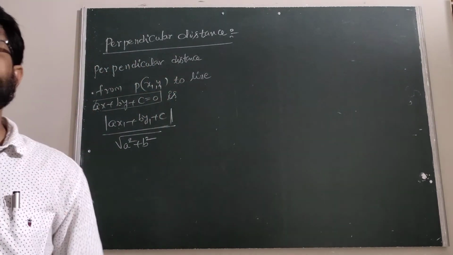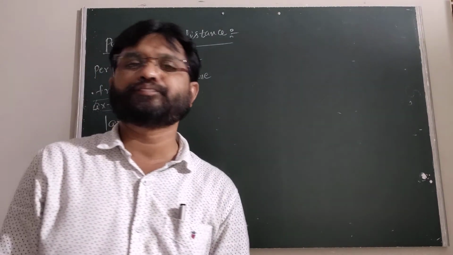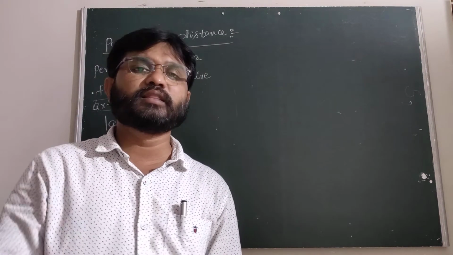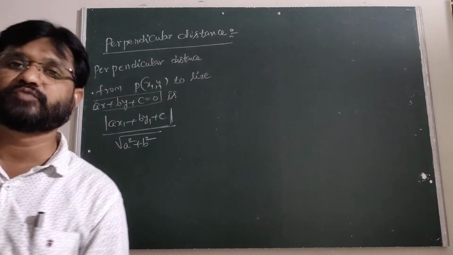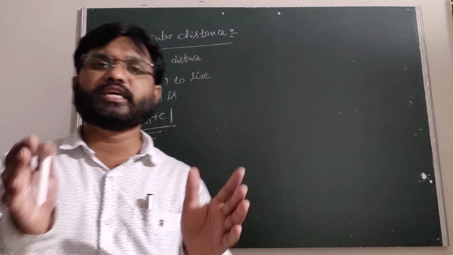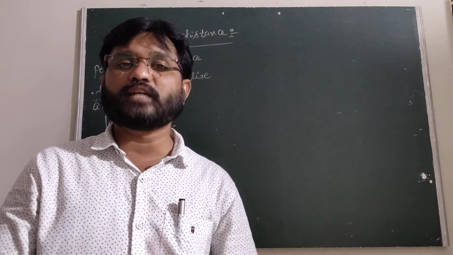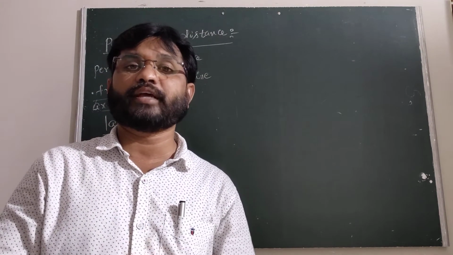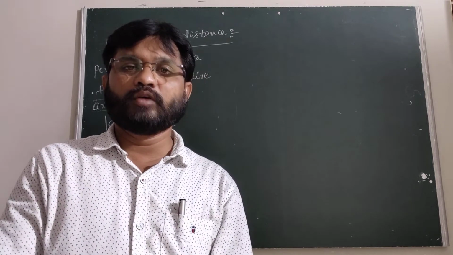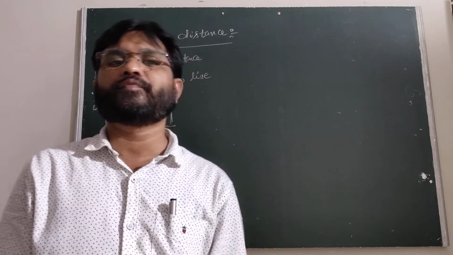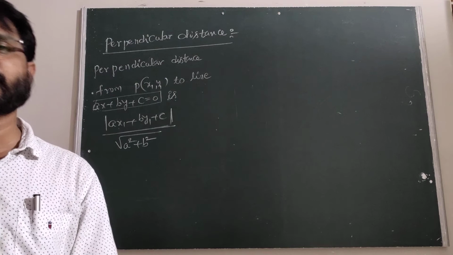All of you listen carefully. We know that in the transformation of axis or change of axis, there are two types: one is the translation of axis, another is the rotation of axis.